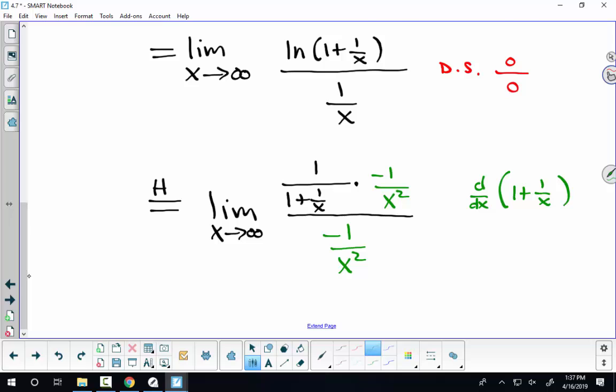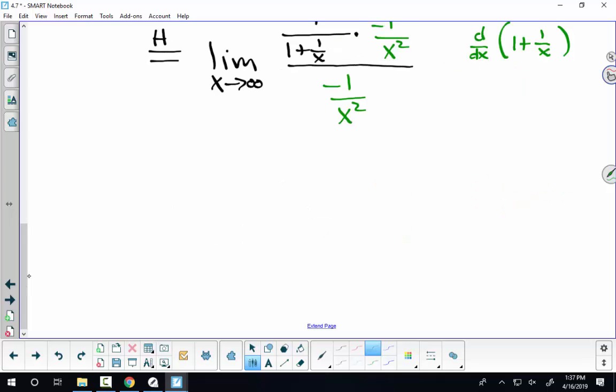But as it stands here, it's super easy to simplify, because those two factors divide away, and all we're left with is this.